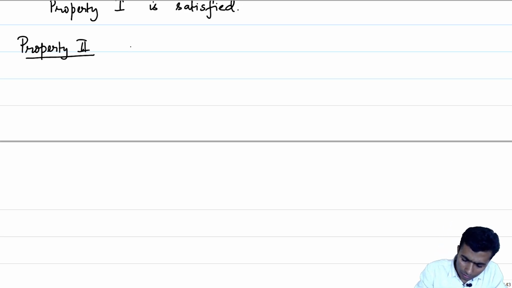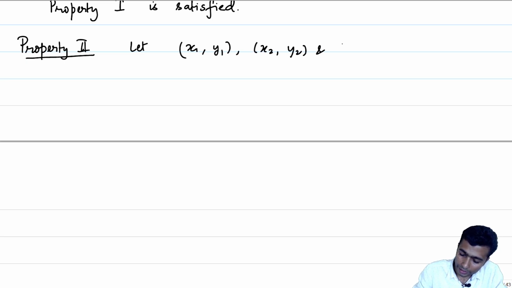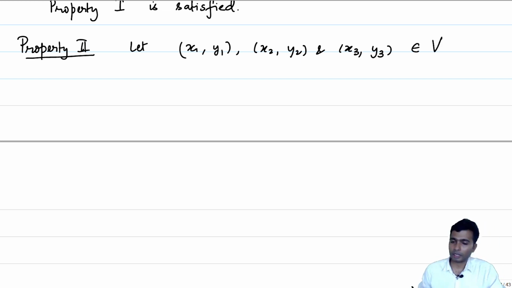So, for that we need to take three elements v1, v2, v3 in capital V. Elements here typically look like x1, y1, x2, y2 and x3, y3.